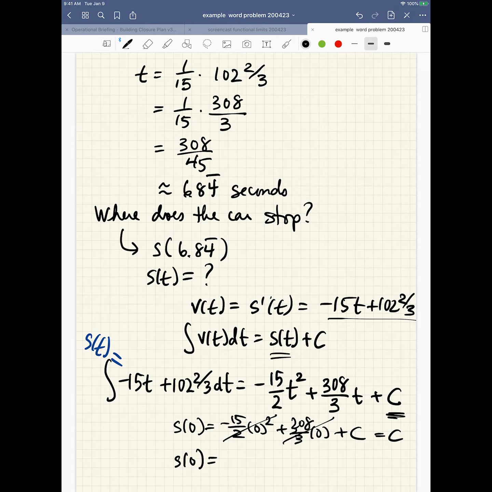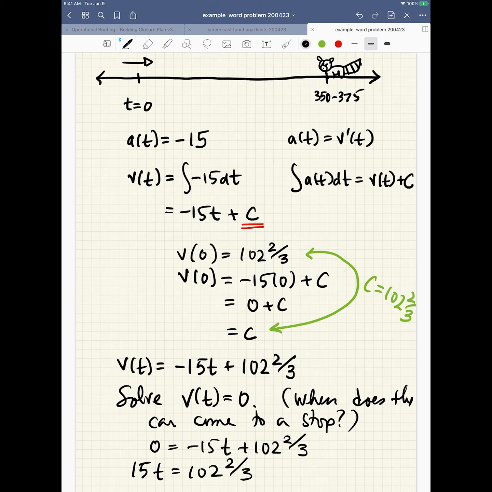So I'm going to page back a couple of pages so we can look at this picture. Look at the top of the page where I drew the real number line. This is the scenario. At time t equals 0, we've got the car. That's when the driver puts on the brakes.